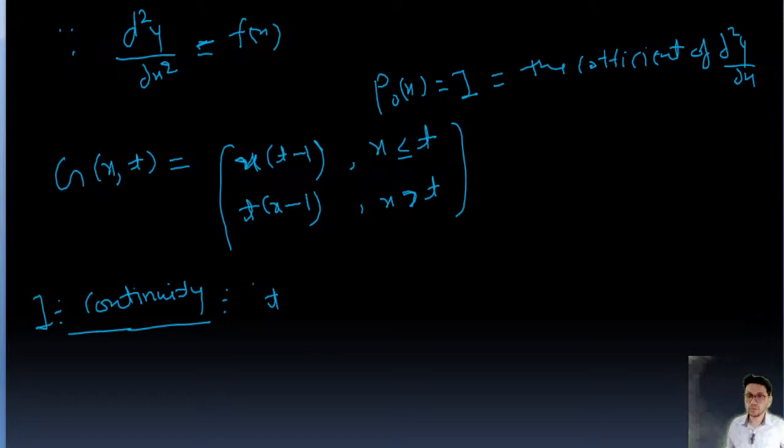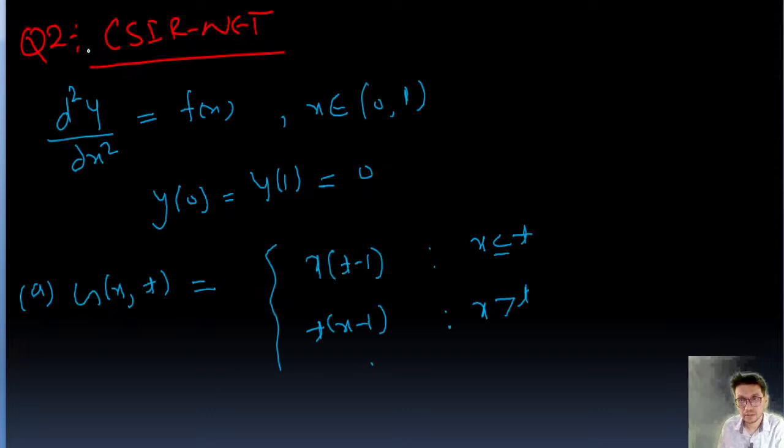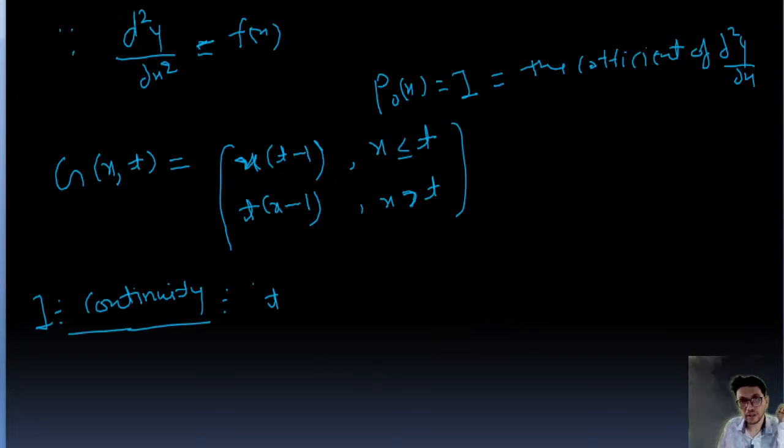Okay guys, we have written the option incorrectly. The option is like this: this is t, this is t minus 1, and this is t minus 1; x minus 1, this is x minus 1, this is t, this is t, guys.